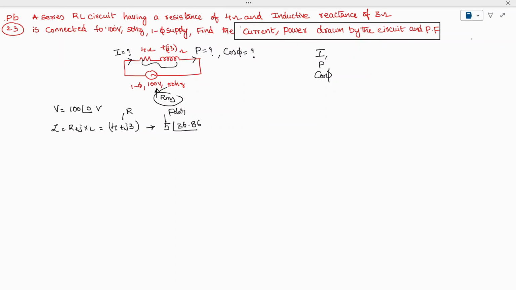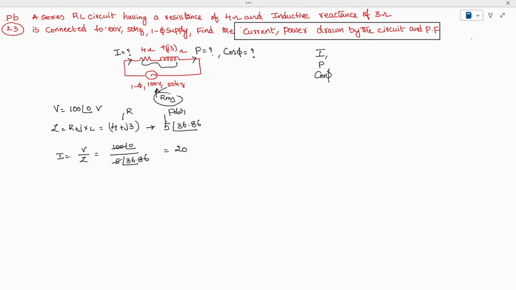Okay, therefore the current I is equal to V by Z. V is equal to 100 at an angle of 0 divided by Z. How do we write Z? In polar form, this is 5 at an angle of 36.86. 5 ones are 5, 5 twenties are 100, which gives 20.